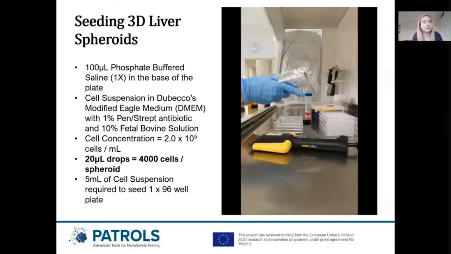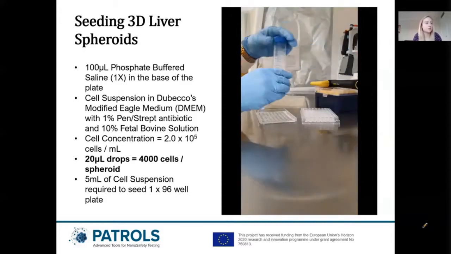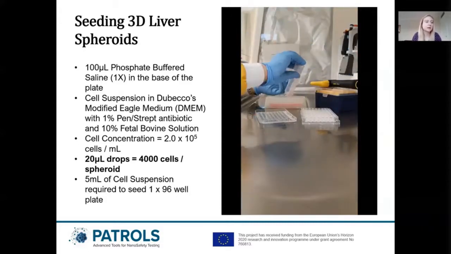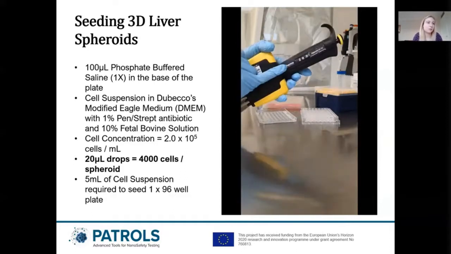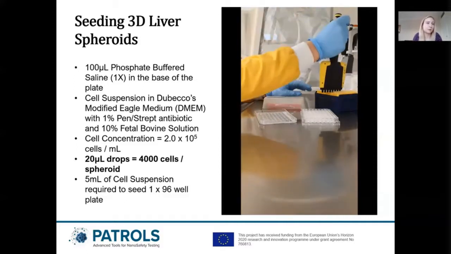Once this is completed, you'll take a cell suspension of about 2 × 10⁵ cells per mL. This will equate to about 4,000 cells per spheroid in each 20 microliter drop that gets added to the surface of the lid.